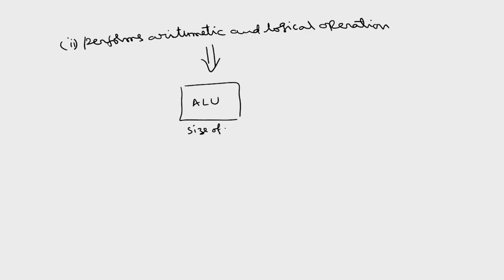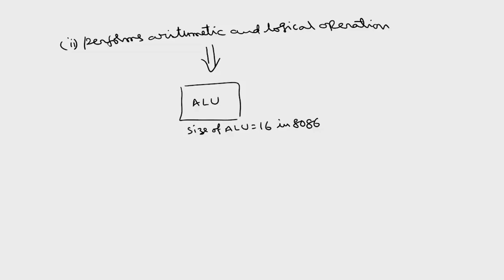That is why it is called a 16-bit microprocessor. This means any 16-bit operation, such as a 16-bit addition, takes only one clock cycle. This is the second operation, which performs arithmetic and logical operations.